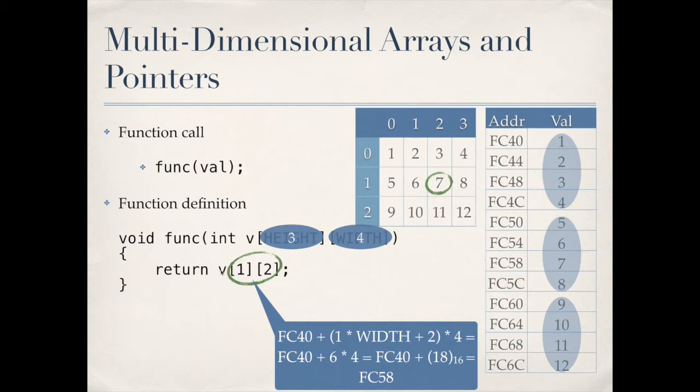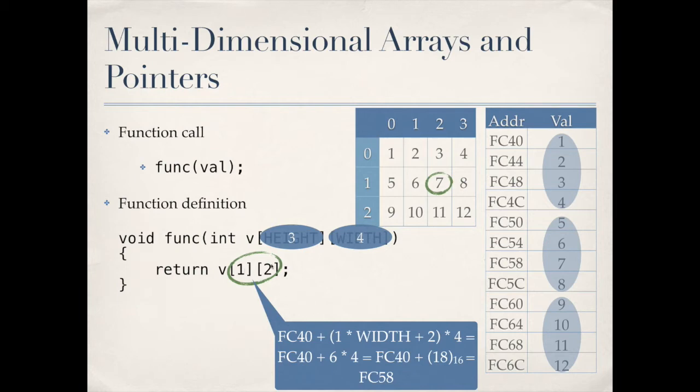This is the base address, or the address where V starts. What we do now is that we say, okay, we have row number 1, and if we have some full row, we have to multiply width by the number of rows we have to skip.